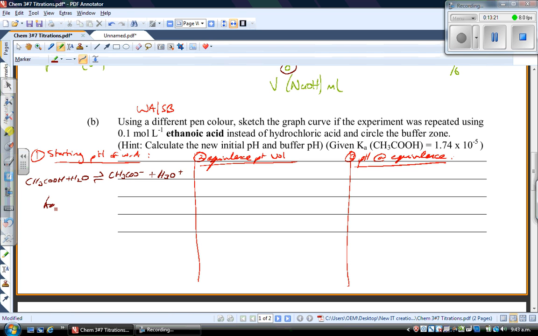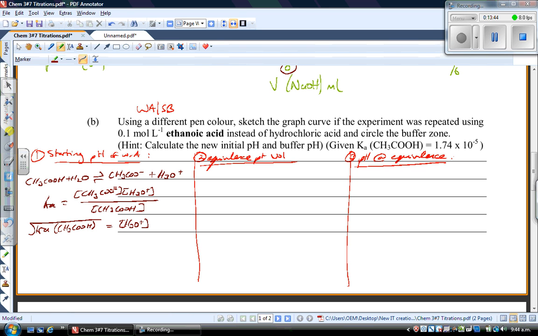The Ka expression can be written as before: the products times each other over the reactant, excluding water. And then we rearrange that expression to get the concentration of H3O+ isolated, which becomes that.